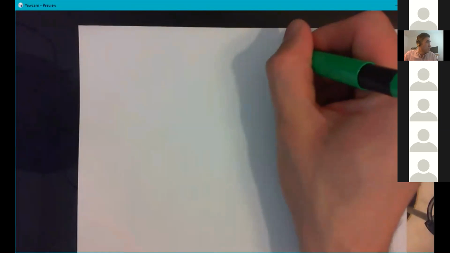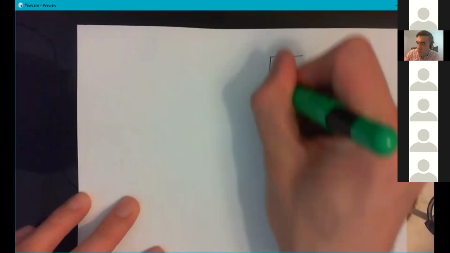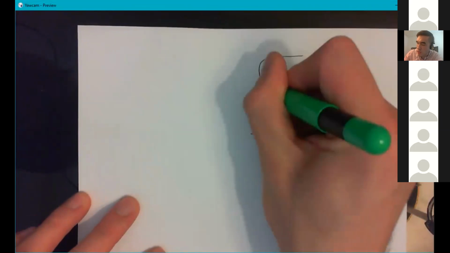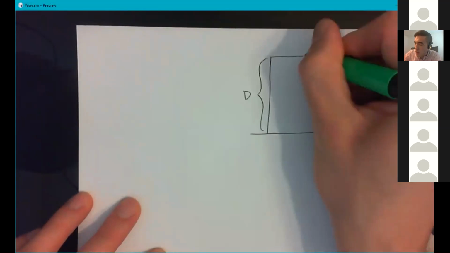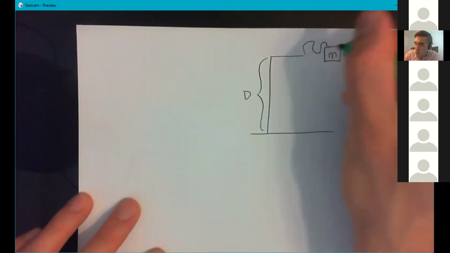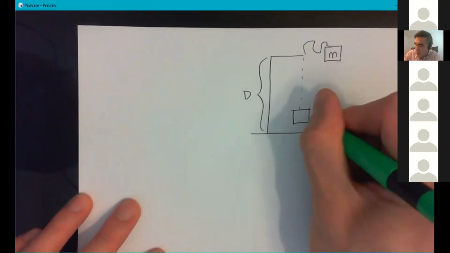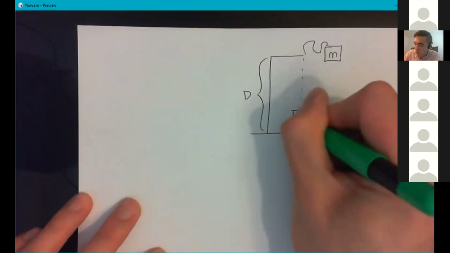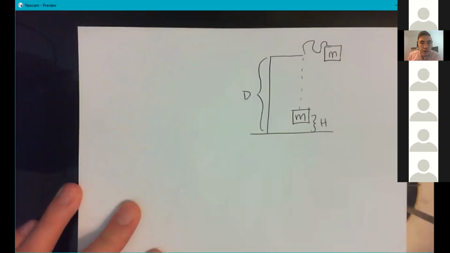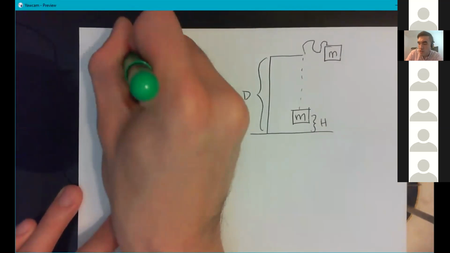So when the person is at the top, they have some amount of gravitational potential energy. And they're starting off with some mgd because they're saying that this is d. We have our bungee cord. We have our person, who I don't want to draw, so they're just going to be a mass m. And they're going to fall until they are a height capital H above the ground. So what we're looking at here is that at the beginning, we have some amount of gravitational potential energy. We have mgd.